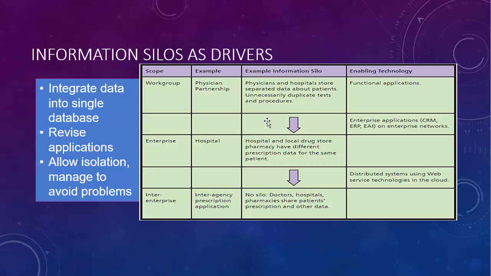And as we're integrating that information, if it's from different organizations, then it becomes an enterprise type of scope. So with this example, we got the physicians group, hospital, and then the pharmacy, if you will, are all sharing information about a patient.